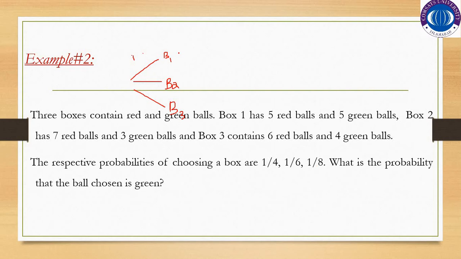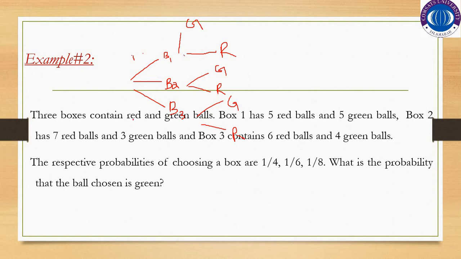Now each box has 2 types of balls, green and red. Let's suppose T represents the green balls and red. Same is the case in the other boxes, green and red, green and red.